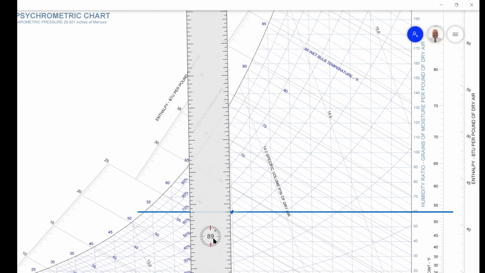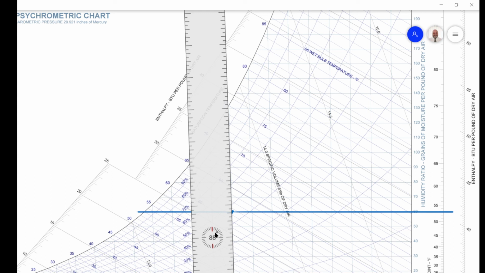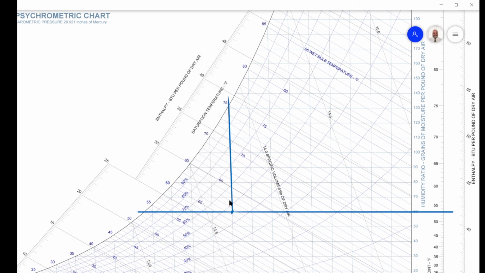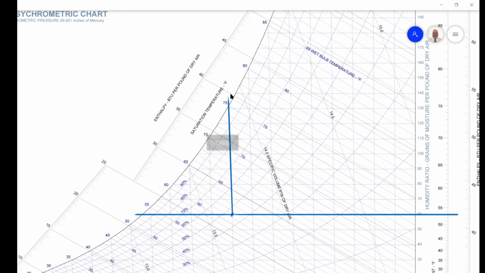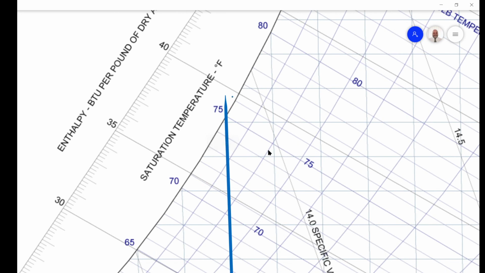So you can go from here to here, like so. I just increase the amount of water going there, but I cannot go beyond that saturation line. I have to stay there.